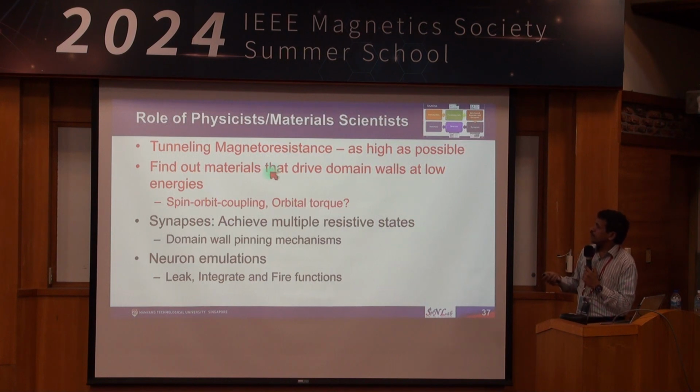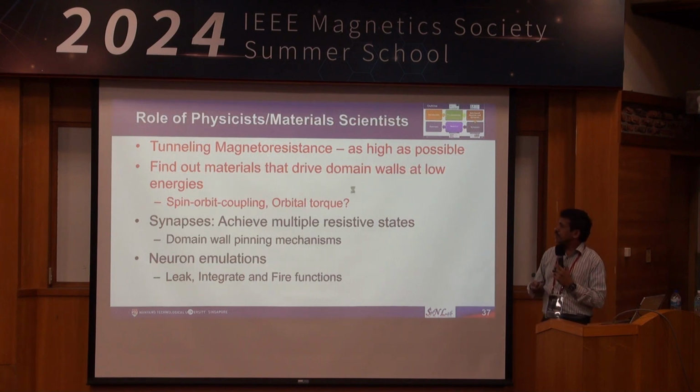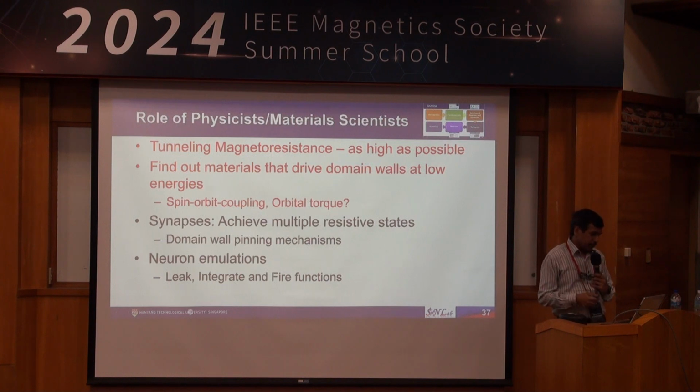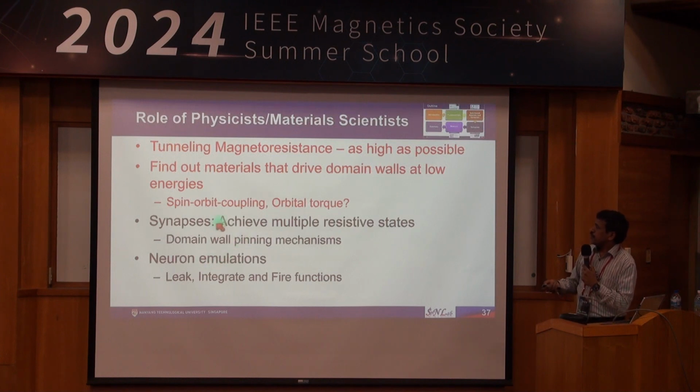And we have to find materials that drive domain walls at low energies. So we can look at materials that provide higher spin orbit coupling, or we can even consider orbital torque and so on, so that we can achieve energy efficient operation of these devices. When it comes to synapses or neurons, we should be able to make devices that show multiple resistance states.